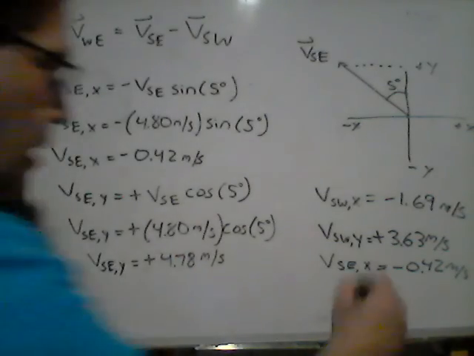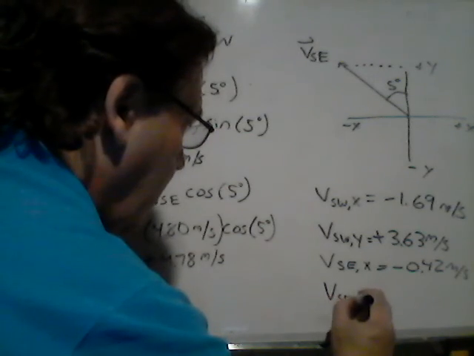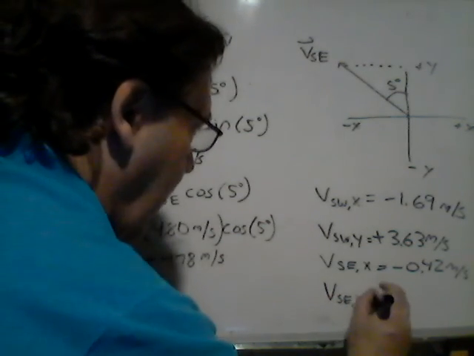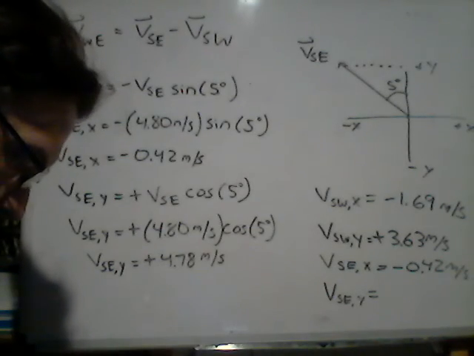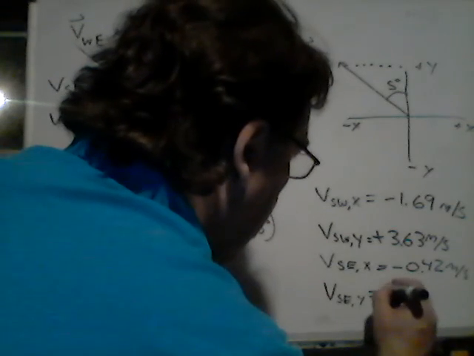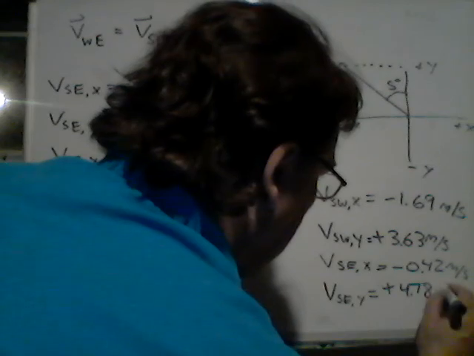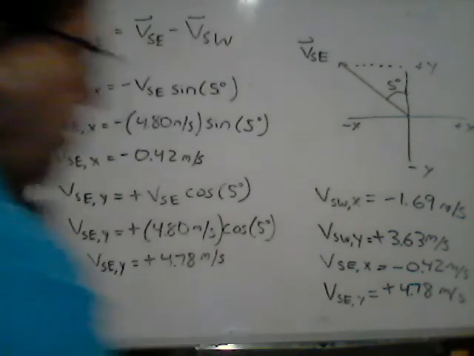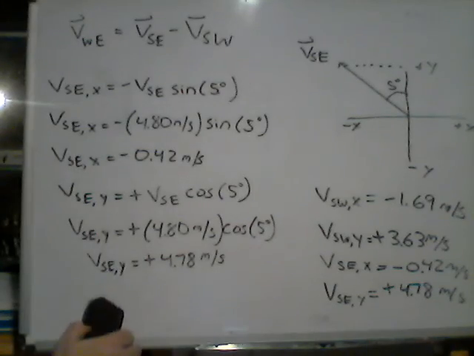And then V sub SE sub Y is going to be positive 4.78 meters per second. All right, so that's the results.